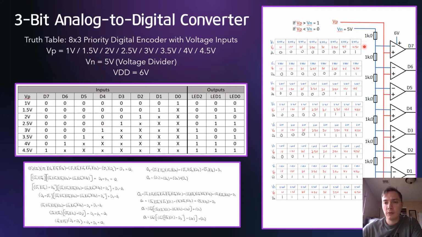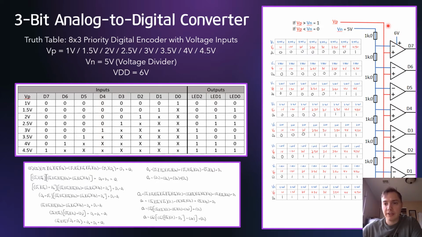And if you apply 4.5 volts to the positive terminal, because VP is greater than VN, it'll allow this voltage to pass through. And if I were to have applied 4 volts instead of 4.5 volts, because VP is less than VN, a 0 would be applied, which just means that this voltage does not pass through.